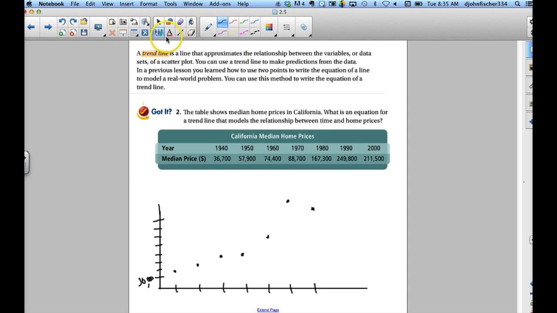Now if I wanted to find a trend line, like I said, you want to take a line that matches up pretty good with the points. So I probably would go, let's see, what point would I want to use? Is that a good trend line?